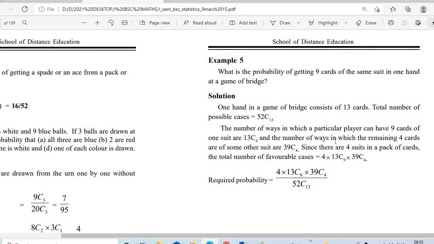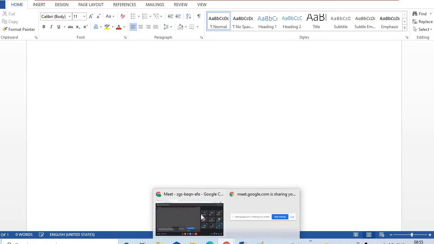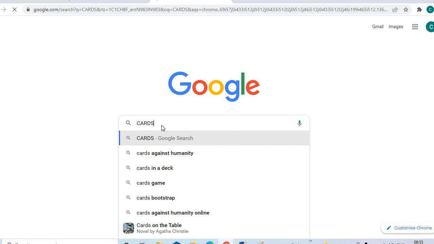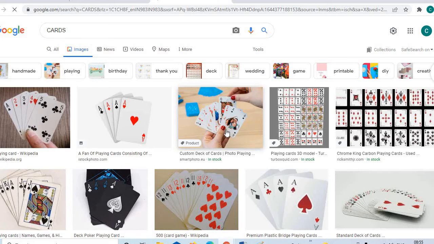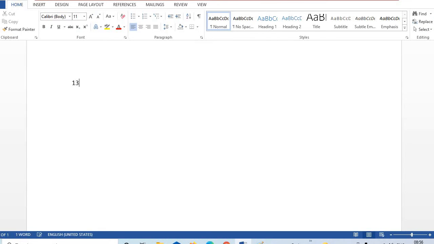We know that there are 4 types of cards, and in each set we have 13. 13 plus 13 plus 13 plus 13, altogether we have 52.